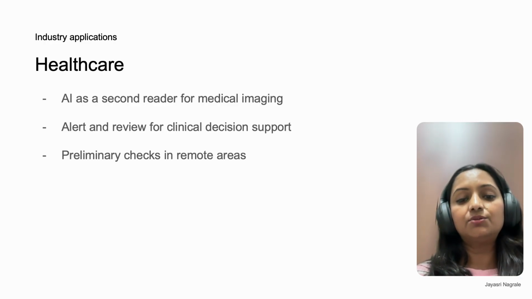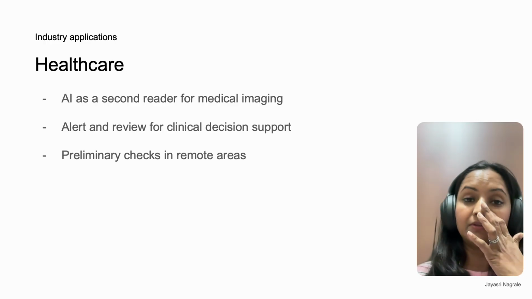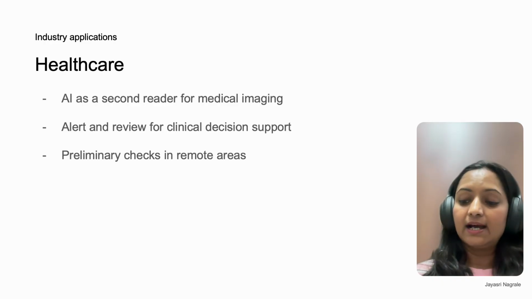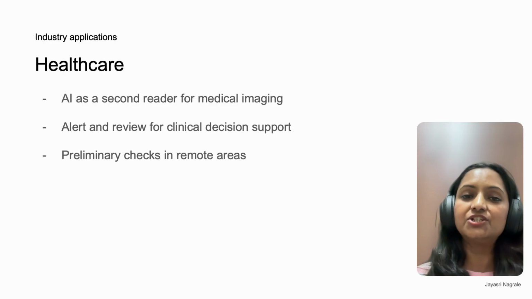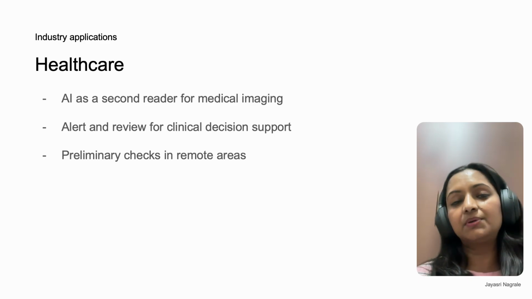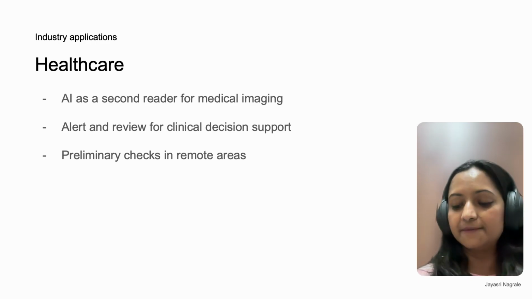AI is doing a really good job to alert and review for clinical decision support. And especially in countries where not everyone has access to healthcare, AI is now being used to do the preliminary checks and identify cases that need a doctor or a medical intervention, and then helping those select people alone to get medical treatment.